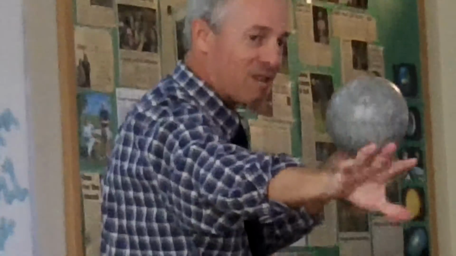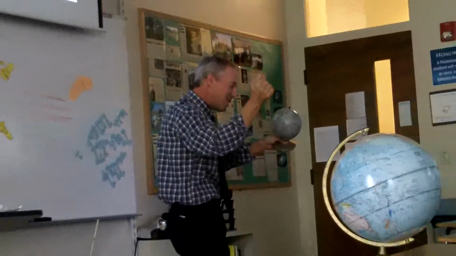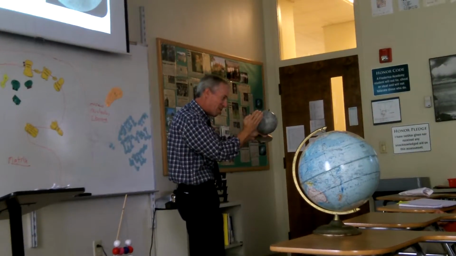So the crust is thinner on the side that's toward the Earth, and the crust is thicker on the side that's away from the Earth. So, if the near side got hit by a meteor, it would penetrate the crust a lot easier than if the far side got hit by the meteor. And so only on the near side do the craters form deep enough to fill up with lava.